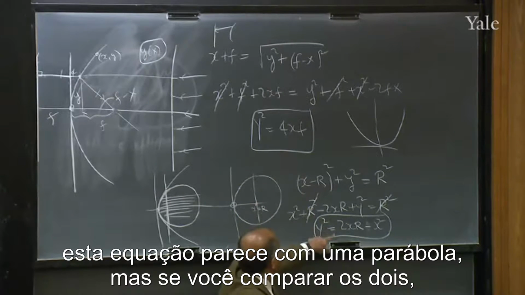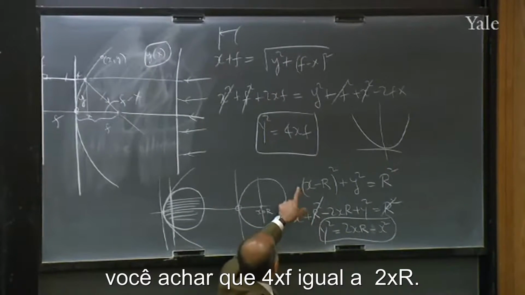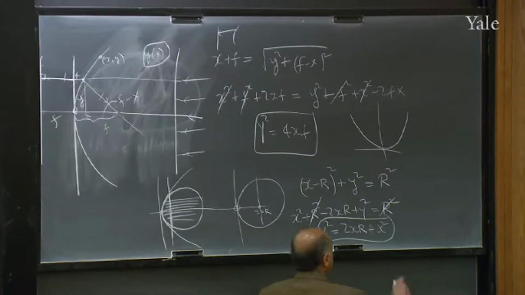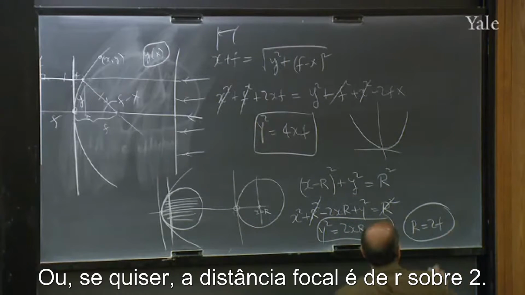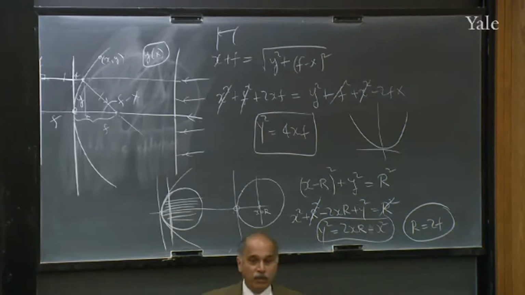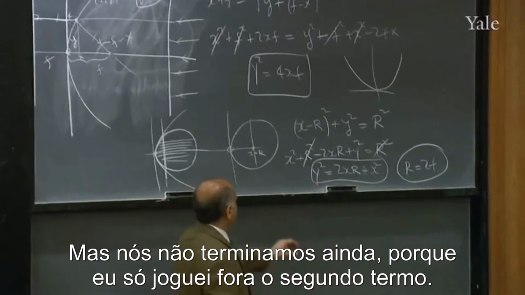But if you compare the two, you find 4xf is equal to 2xr. That means r is equal to 2f. Or if you like, the focal length is r over 2. But we're not done yet because I just threw away the second term.